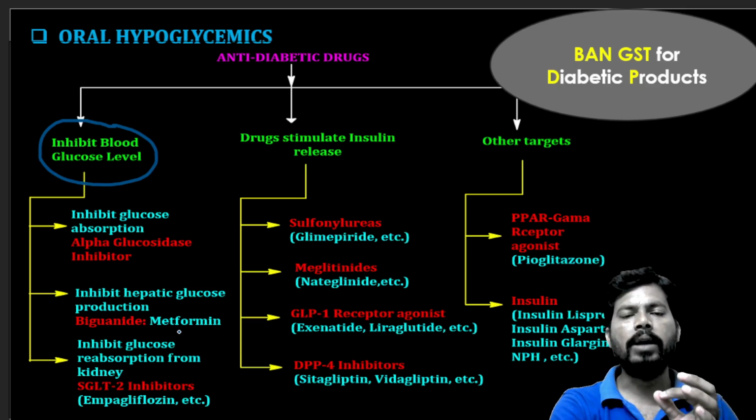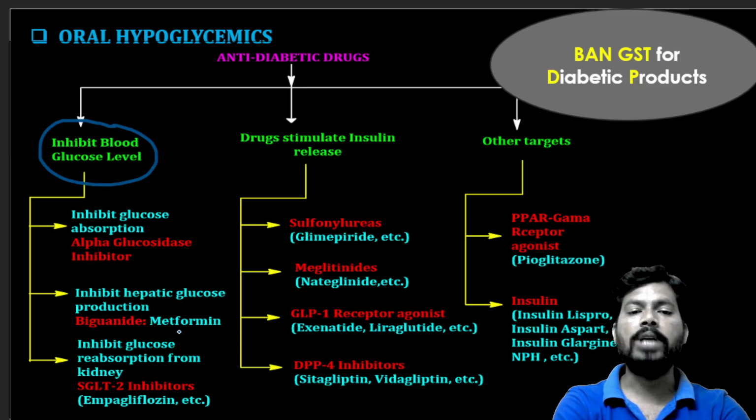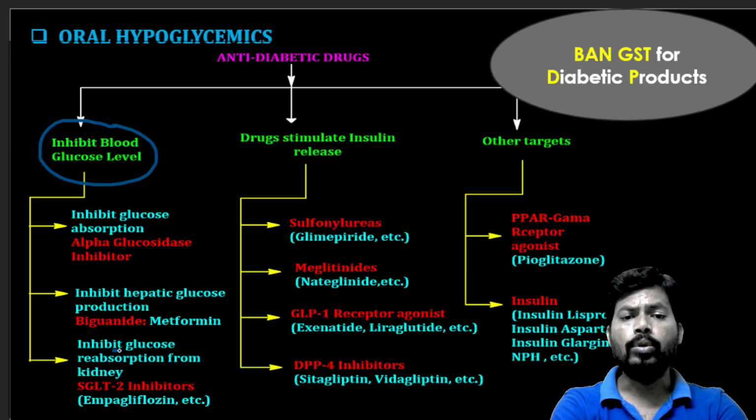Fenformin was withdrawn from the market because of lactic acidosis. Excess production of lactic acid makes the body fluid pH acidic, which damages the tissues as well as organs.